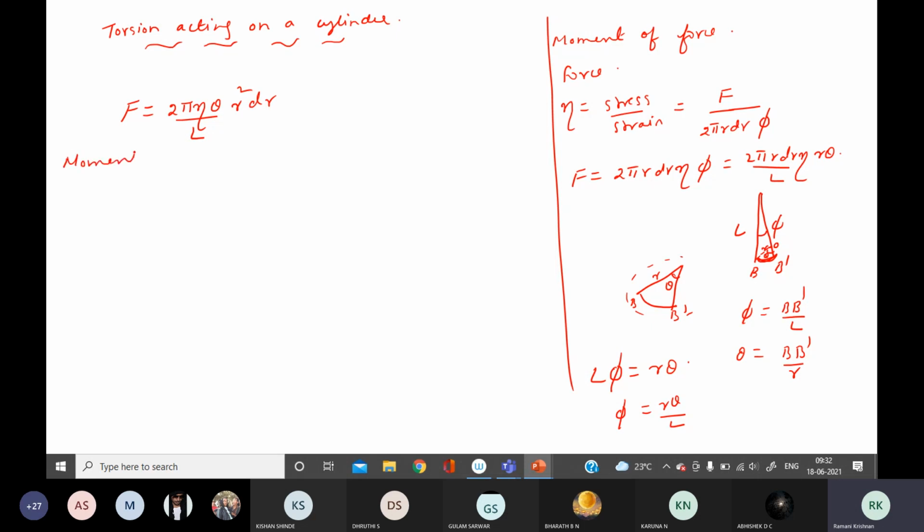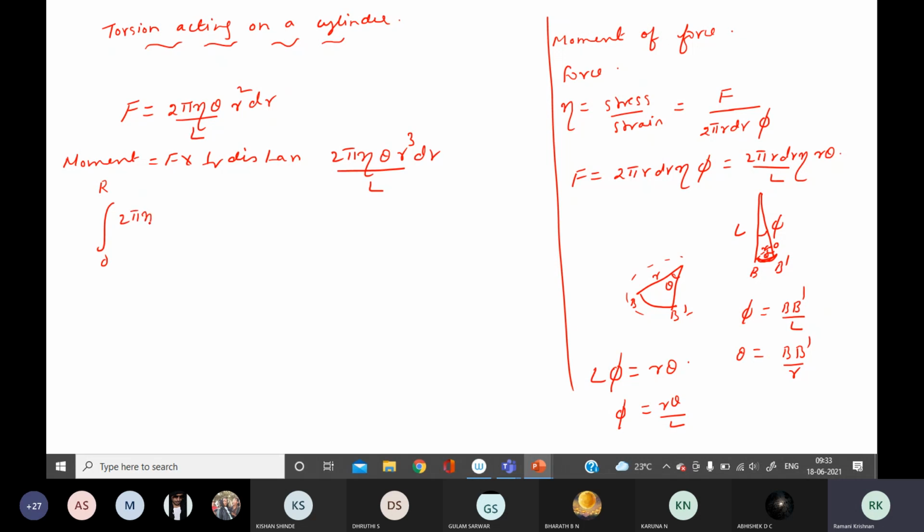Moment is force into perpendicular distance, so this becomes 2πηθ R³ dr by L. This is the moment of force due to one selected layer acting on the cylinder about the axis. For the whole cylinder, I have to integrate it from 0 to R to get the total effect.